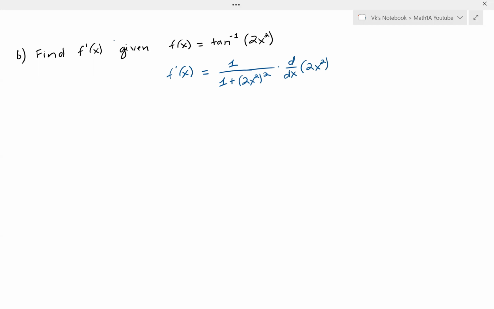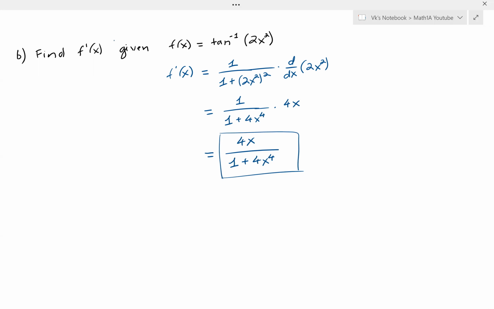Derivative of 2x squared is 4x. We have 1 over 1 plus 4x to the 4, multiplied by 4x, and that gives us 4x over 1 plus 4x to the 4. Yay! Pretty cool.